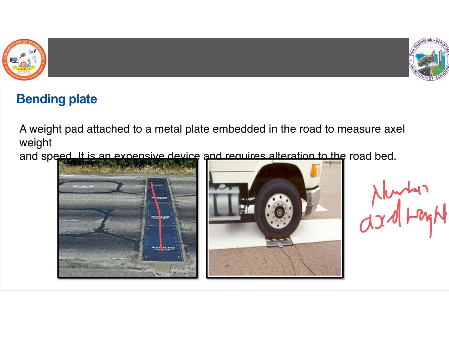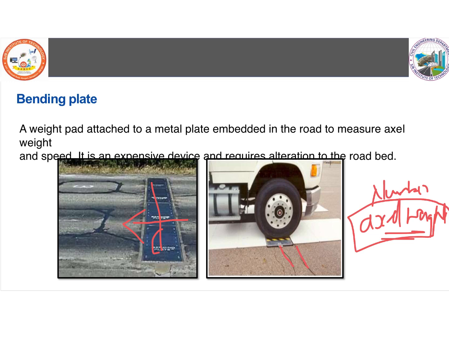I think you might have seen weigh bridges. Weigh bridges work on the same principle, bending plates. When a vehicle passes over this bending plate, it will first identify the vehicle, and the axle weight of the vehicle will also be recorded.